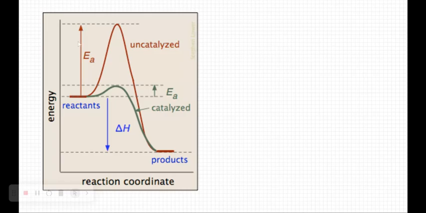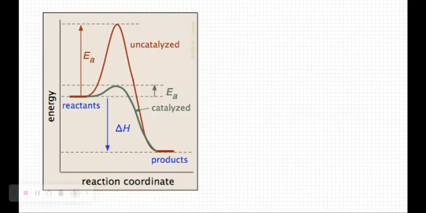In this case, the reaction does not occur spontaneously. We have to put in some energy to get the reaction going, and that is the activation energy here in the red line. A physical analogy is helpful here. Imagine we wanted to roll a ball down a hill, but in order to get the ball rolling, we first have to roll it up the hill. So we have to put in some energy here. But once we reach the top of the hill, the ball is going to roll down the hill all on its own. It's similar to what's happening here.